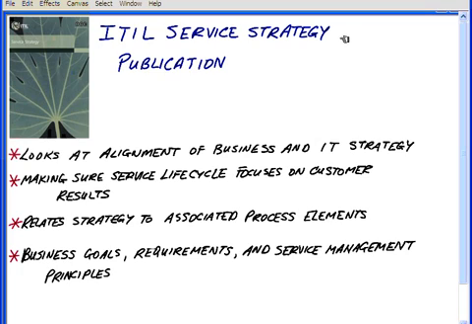So service strategy looks at alignment of IT and business. You want to make sure that your service life cycle focuses on customer-centric results. That's what we focus on in service strategy. The strategy to associate the different process elements to IT and to put into place solid business goals, requirements, and service management principles. These are the 4 key areas that are looked at in the service strategy book.